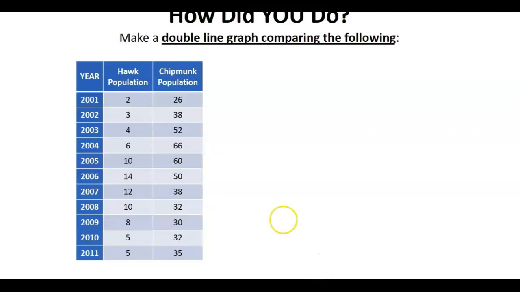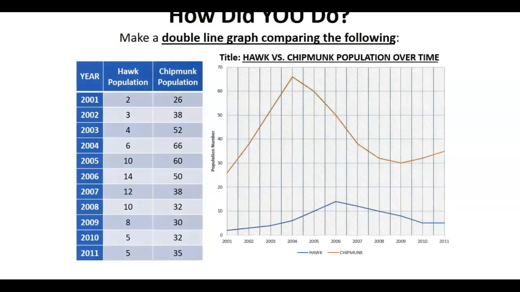Again, we're going to be doing a line graph because we have time. Here it's represented in years. If you made a graph that looks like this, has a title, label, axis, scale, and intervals, well done.